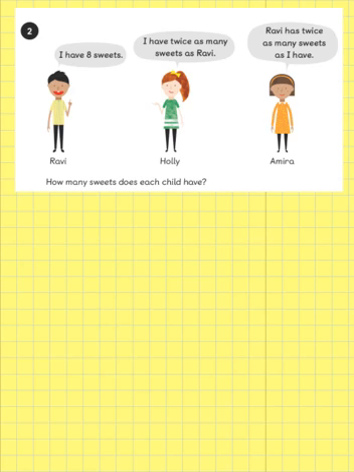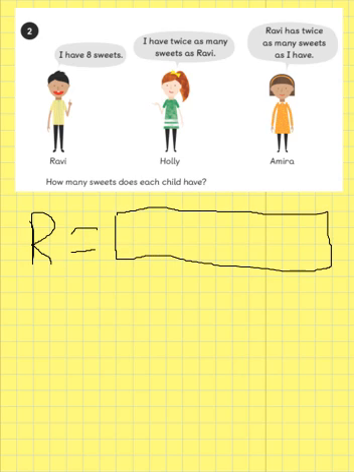So let's have a look at this. So it's saying that Ravi has got 8 sweets. So if we show Ravi as having 8 sweets, so if we draw a bar model, which is a little bit wonky, I do apologize. If we split this into 8, I'm hoping that that will help me to answer that question.